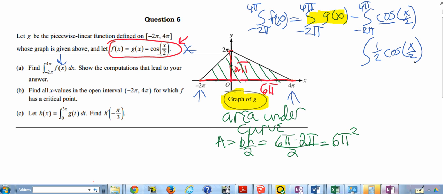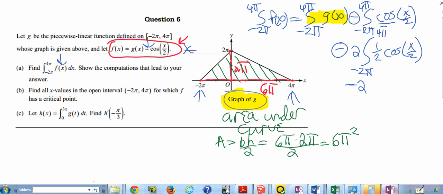And in order for me to add this 1/2, I need to put a 2 out in front of that, right? So this is negative 2 pi to 4 pi of that integral. So what is the integral of cosine? It's positive sine, right? So we have minus 2, and the reason it's minus is because this function is being subtracted, right?